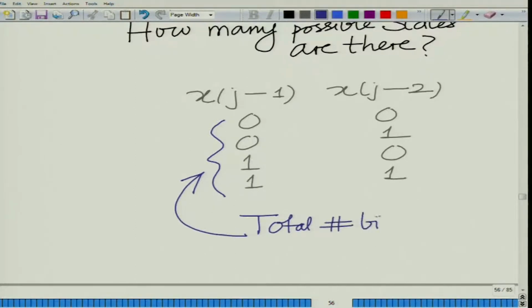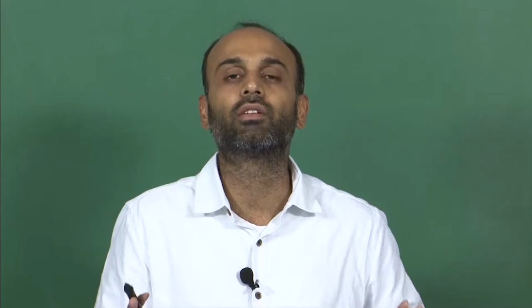Therefore the total number of states of this convolutional encoder, where each state comprises a particular value for the past information bits xj minus 1, xj minus 2, is 4. The output code bits at the current time instant depend on the state plus the current information bit.